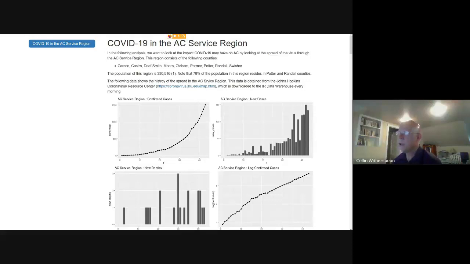So the following analysis, basically, we want to look at the impact COVID-19 may have on AC by looking at how the virus will possibly spread through the AC service region. Now, that region consists of those counties that I've listed. Those 9 counties consist of what is called the AC service region.